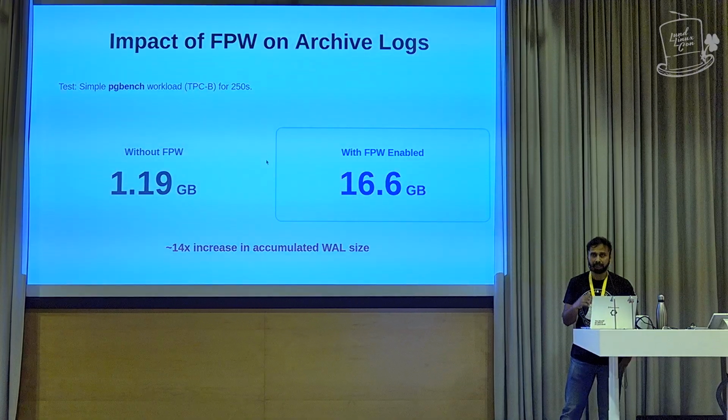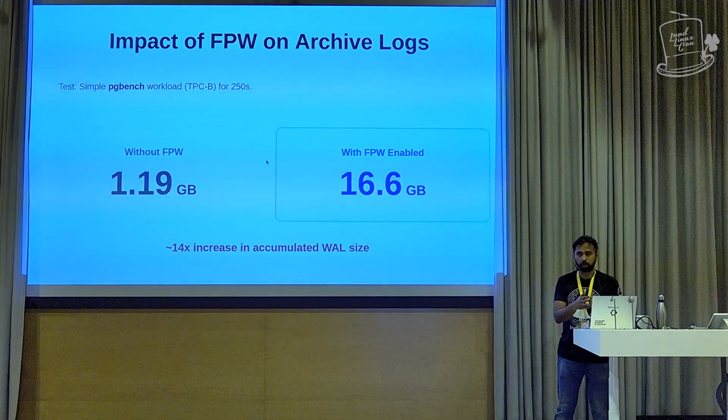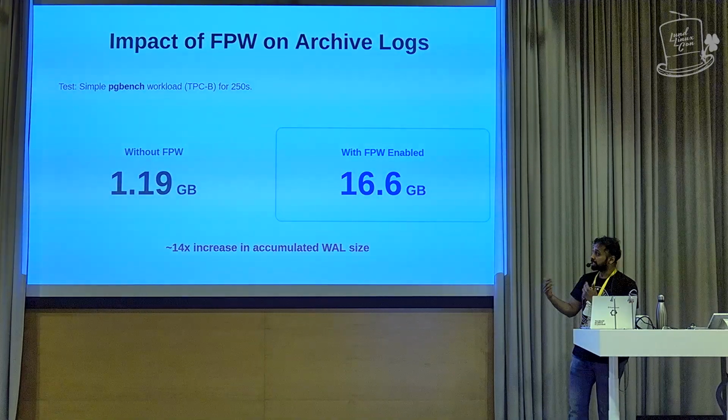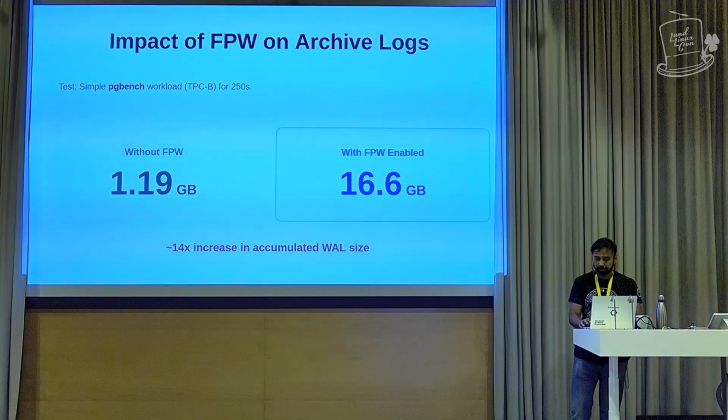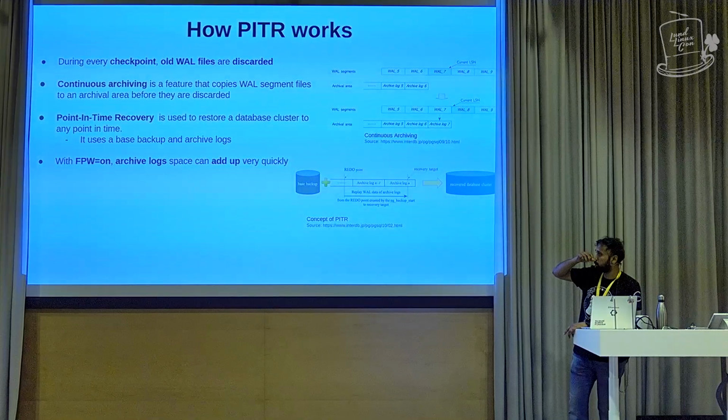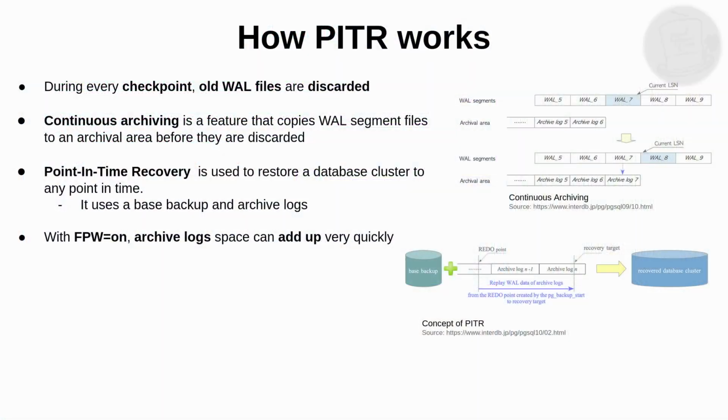If you don't have continuous archiving, it's not a problem because you're going to recycle things, so things are mostly under control. But if you want to save this for future recovery, it's going to add up pretty quickly. So I hope I've convinced why we need this. What I've told is specific to Postgres, but MySQL also has a similar thing.